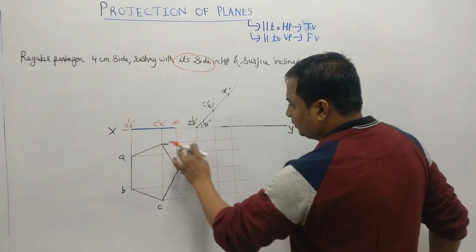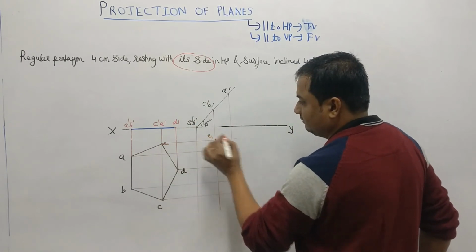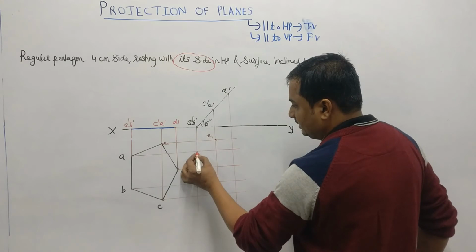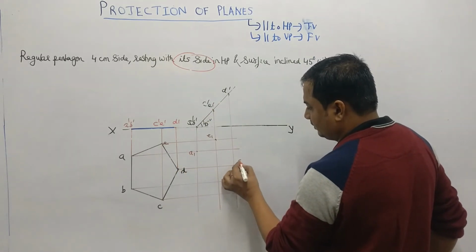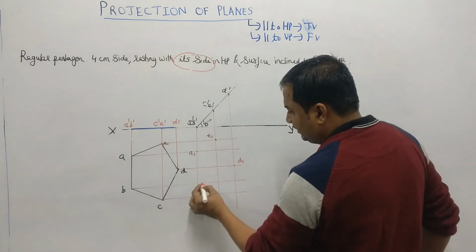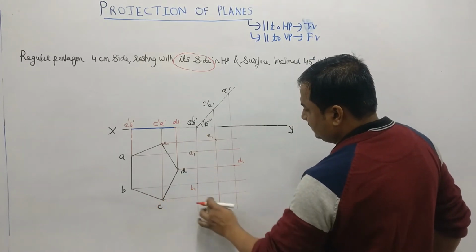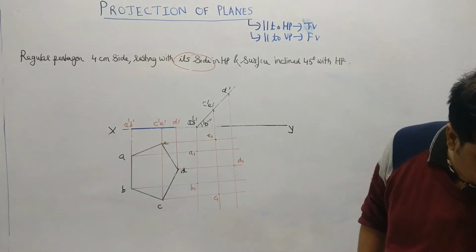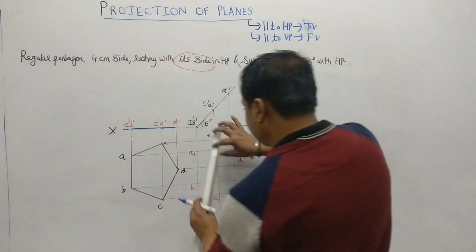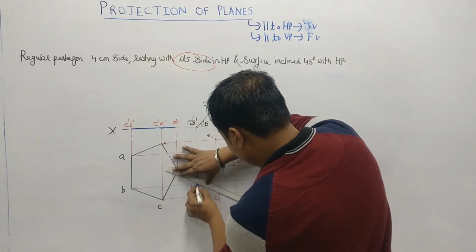Now E horizontal, this is E. So E horizontal, E vertical, this point is E1. A horizontal, A vertical, this point is A1. D horizontal, D vertical, this point is D1. B horizontal, B vertical, this point is B1. And C horizontal, C vertical, this point is C1. So you will be getting 5 points. Just join all these 5 points. So you will be getting a pentagon.